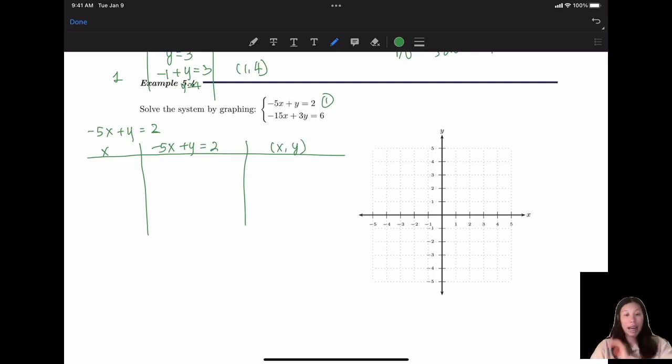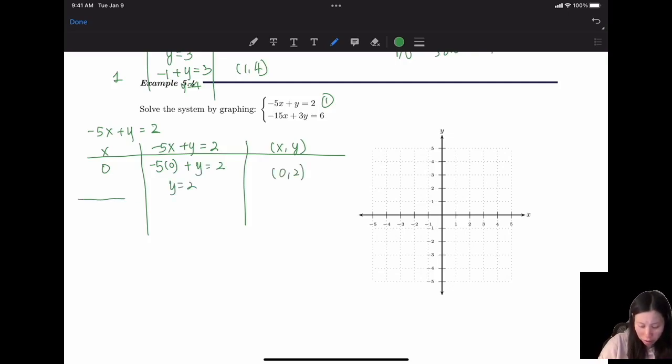Okay, x equals 0. I love picking 0 because that's easier for me to compute. And then negative 5 times 0 plus y equals 2. So y is equal to 2. So I have 0 and 2.